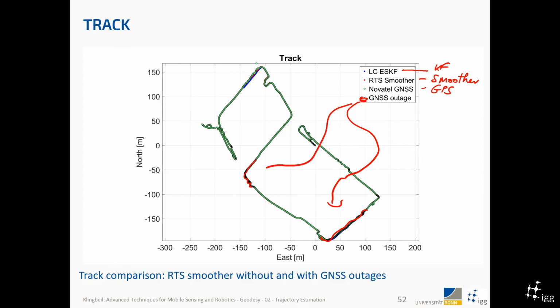And of course, now it is difficult to use the GNSS as a reference, because the GNSS is also used in the filter. The only places where we can somehow use it as a reference is in those areas where we actually do not use it, right? So here we introduce an artificial GPS outage, and of course we can compare with the GPS that we have at that time to have some sort of reference.